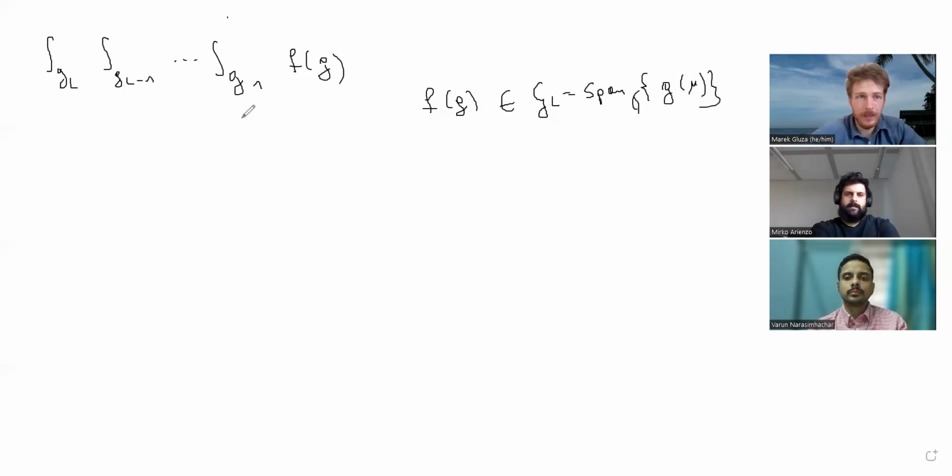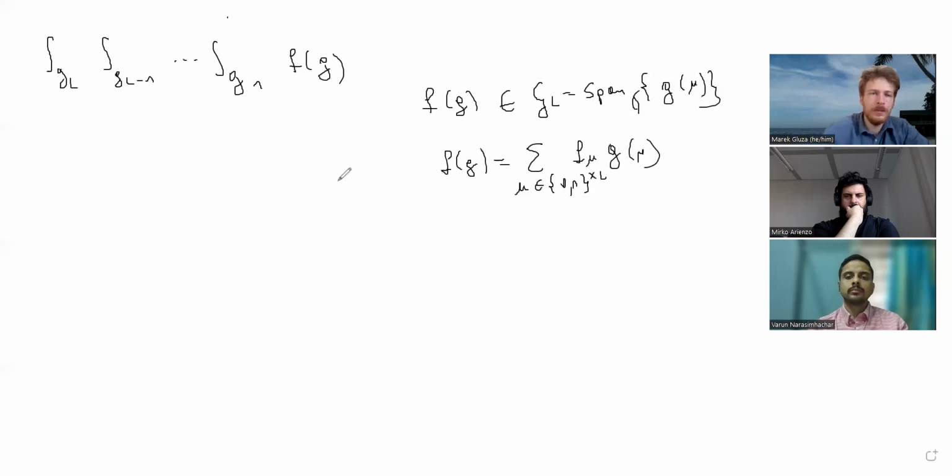In the end, what will come out is that f of g can be expressed as a sum over mu in the Boolean cube, so that's the notation for the session today, and f_mu g_mu is basically what I mean by f of g.